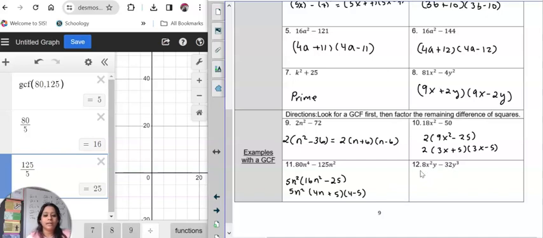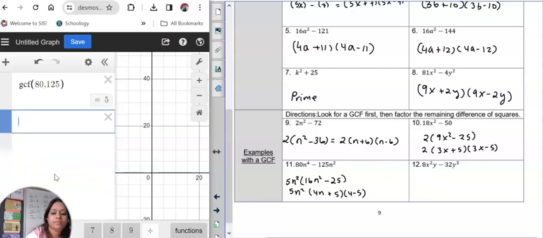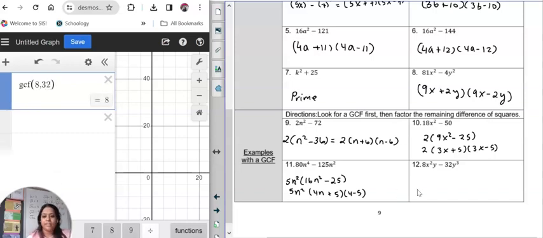So for this one as well, I will go ahead and take out, I think the GCF here is 8. And then 32. Yep, the GCF here is 8. And also, if you notice, there's a y that's common to both of my terms. I can take out the y as well.